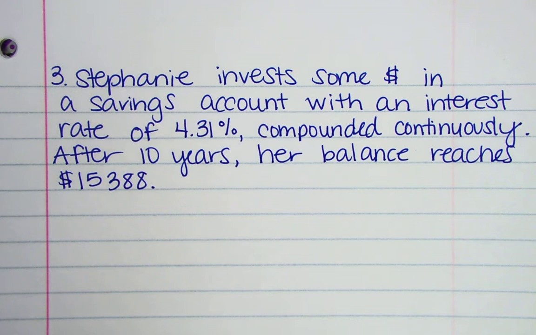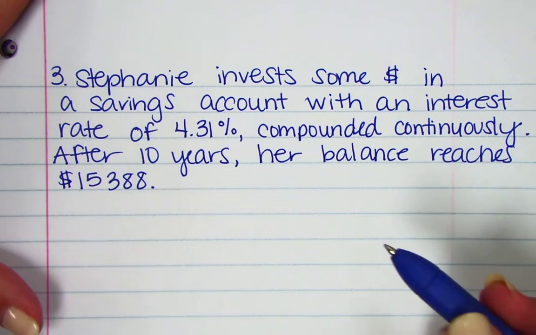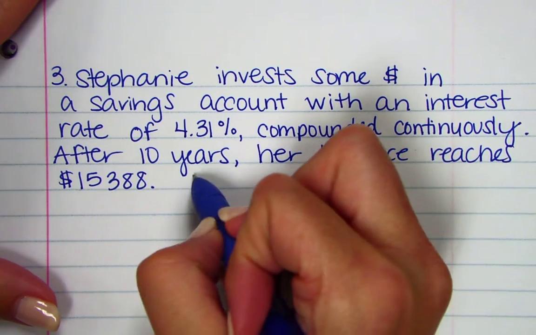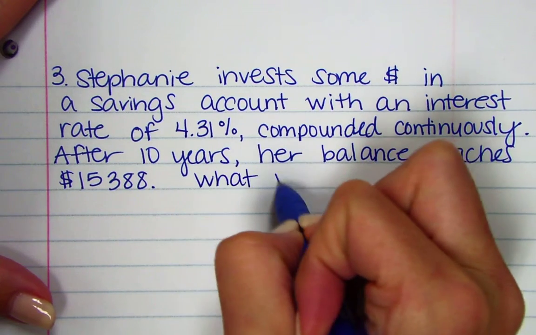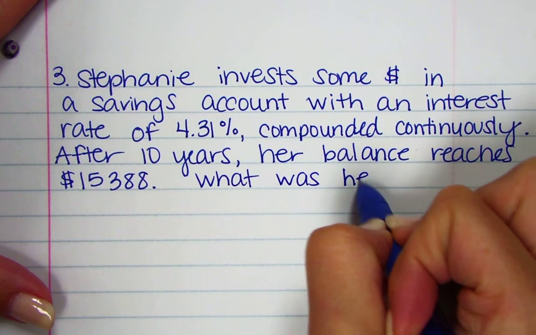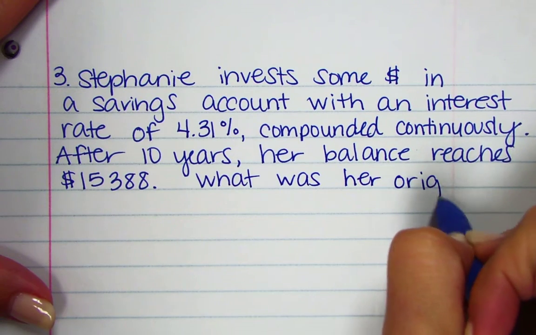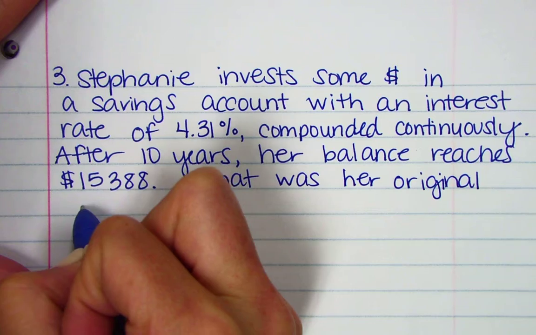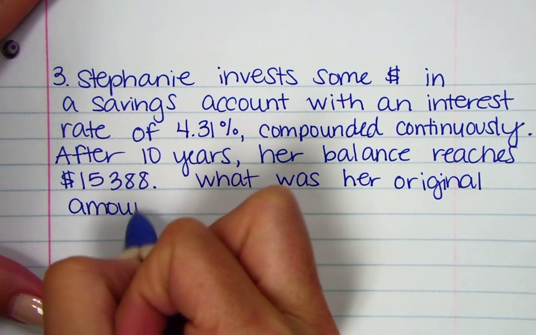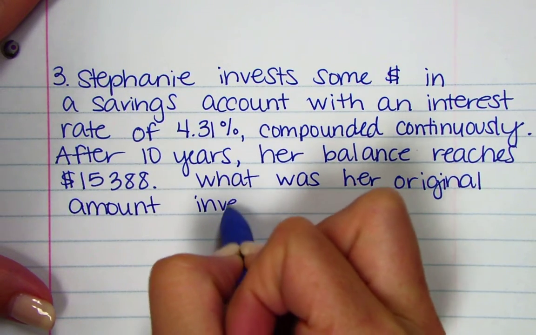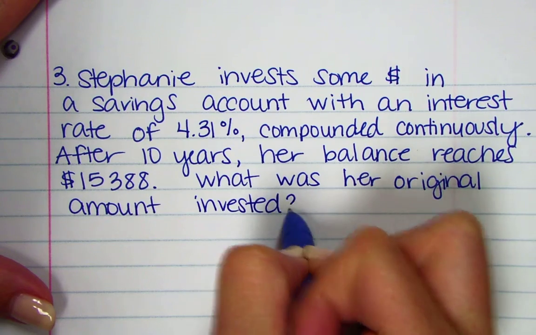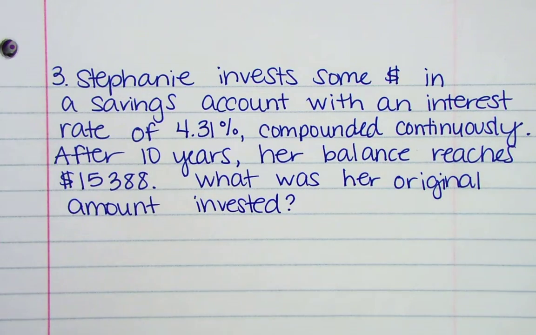So Stephanie invested some money in a savings account, and the interest rate was 4.31%, compounded continuously. After 10 years, her balance reached $15,388. What was her original amount invested? Okay, so they're kind of asking us something different on this one. What was her original amount invested?